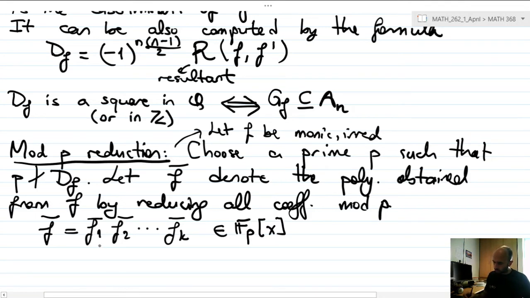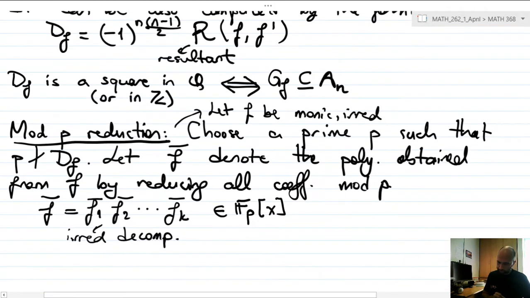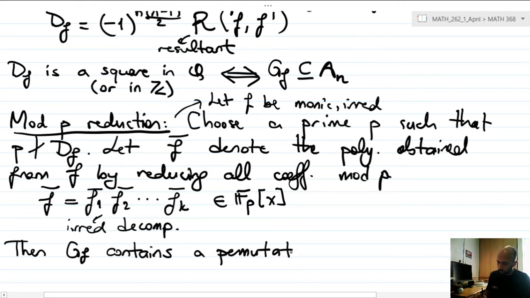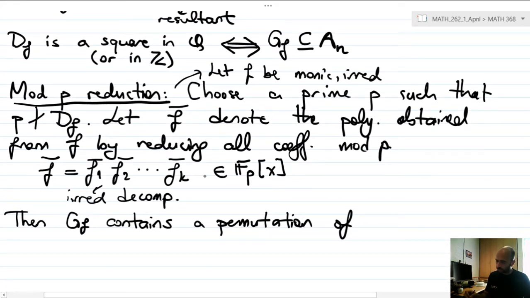Suppose this is the irreducible decomposition in the splitting field. If this happens, then an important theorem of Dedekind, and maybe also attributed to Kronecker, says that G_f must contain a permutation of cycle type given by the degrees of these F_i bars.